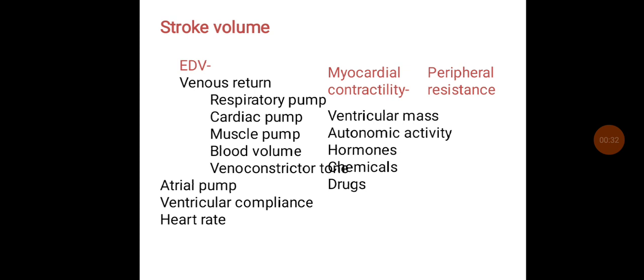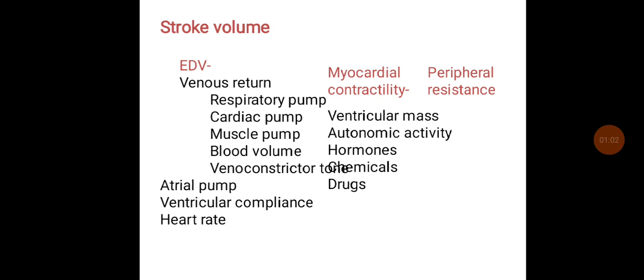End diastolic volume, in turn, depends on the venous return, the amount of blood coming back to the right ventricle. Venous return, in turn, depends on the respiratory pump, cardiac pump, muscle pump, the blood volume, and the venoconstrictor status. End diastolic volume also depends on the atrial pump, ventricular compliance, and the heart rate.